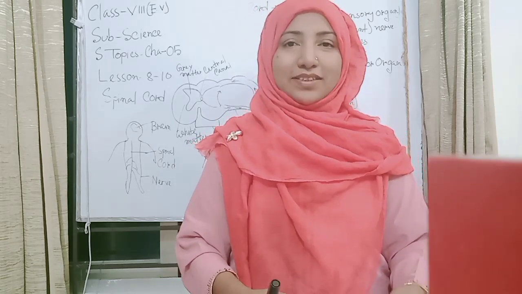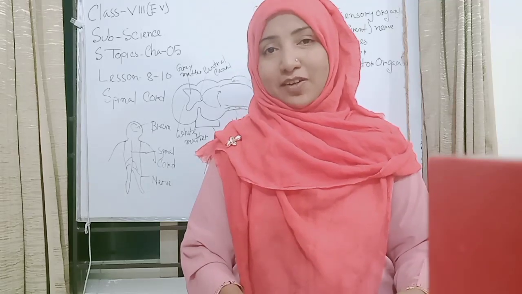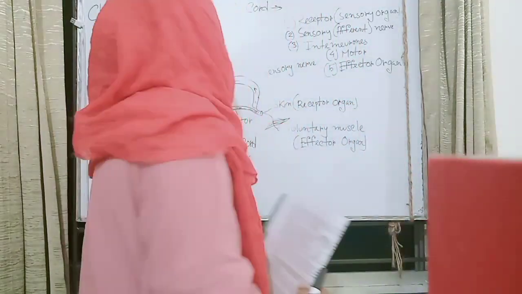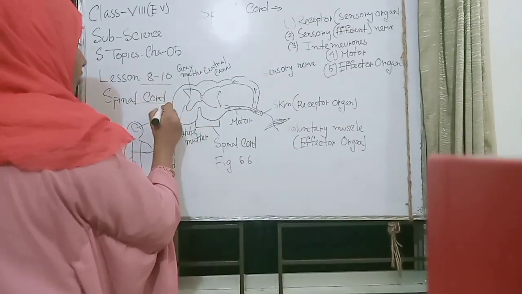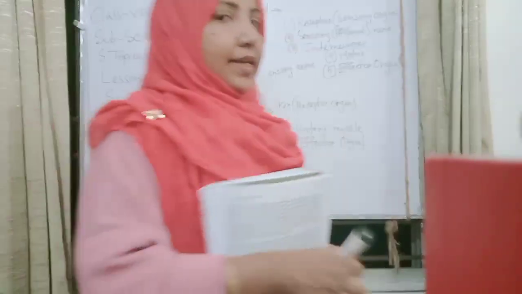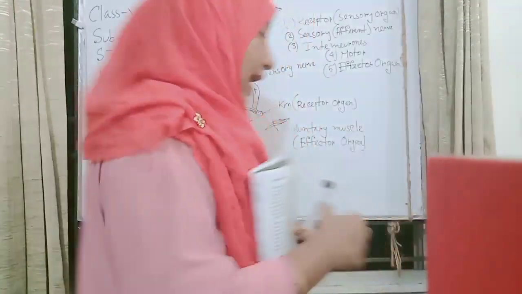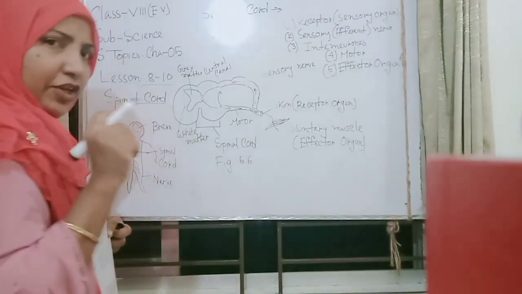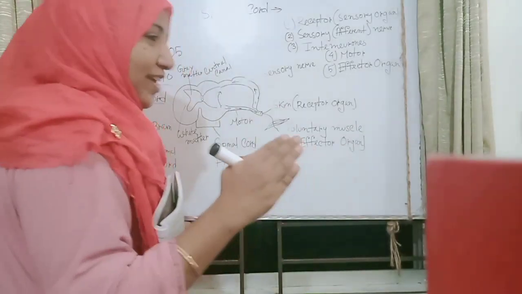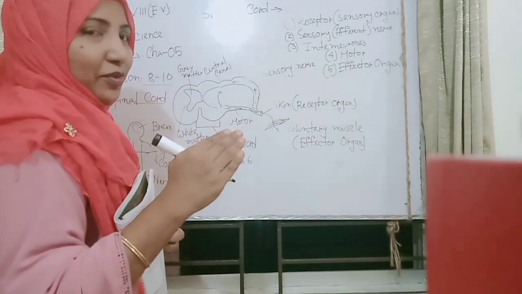The next topic is the spinal cord, lesson 8 to 10. Yes, the spinal cord is a very important topic for your exam. Basically, I have also drawn a figure of the human body. I am not an expert, but I have tried.